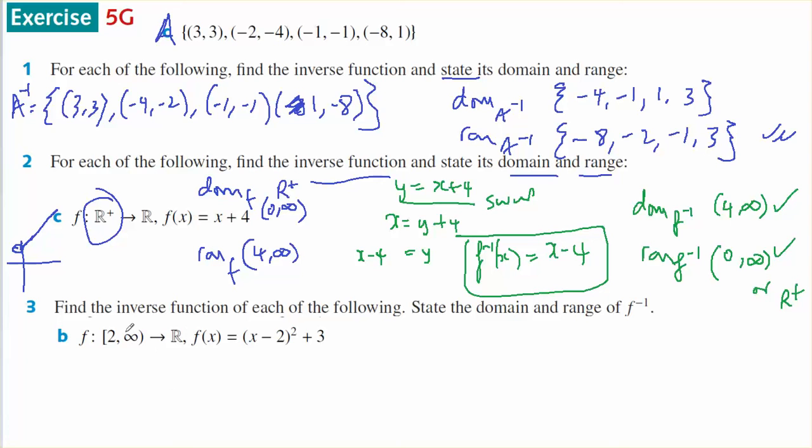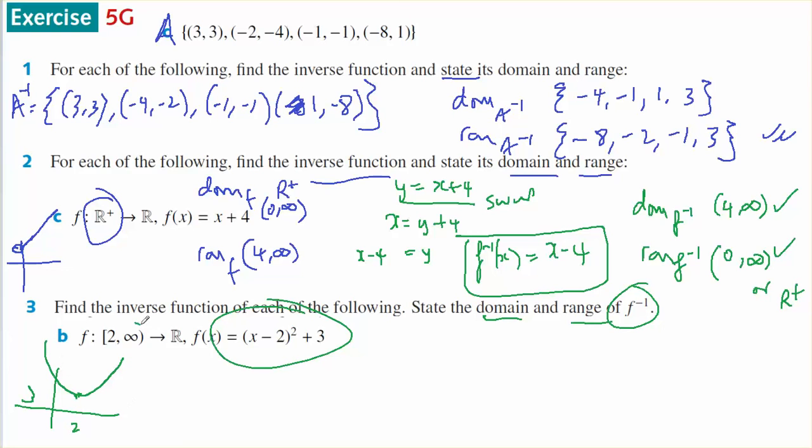And part 3, find the inverse function of each of the following, state the domain and range of the inverse. So this is my original. My original is a parabola that has a turning point at 2 and 3. And it would normally draw like this.